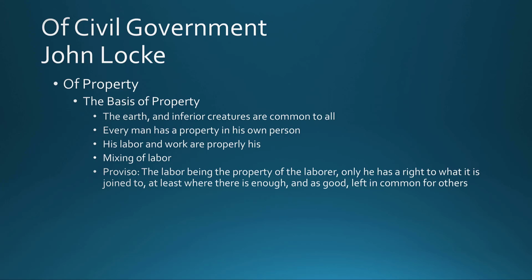Well, they've taken all this common stuff and made it into their own hut, their own gathered food. They might start growing crops. And by mixing their labor with it, they take it out of the common and make it their own. And this does have some appeal. If everything belongs to everybody and a person puts their work into it, they've added value to it and can claim it.